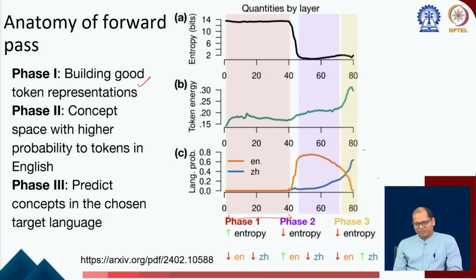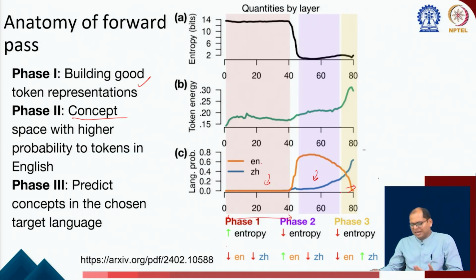Then comes the second phase, which they call the concept space, where you give higher probability to tokens in English, you try to think and get the final output. So, you start with building representation, then you have the concept space. Finally, you are predicting the tokens in the chosen target language, that is your final phase 3, right. And so, they very nicely identify these 3 phases in which the processing happens in multilingual models.